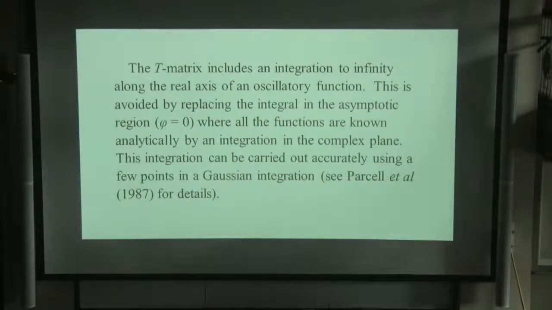And so you can get away with Gauss integration with 7, 10 points, something like that, and it's highly accurate. And this really, again, is not specific to this method. It works in general. It was originally done by Schlessinger and Seaton many, many years ago, but it's probably not as well known as it should be. Anyway, we've written it up in Parcel et al.